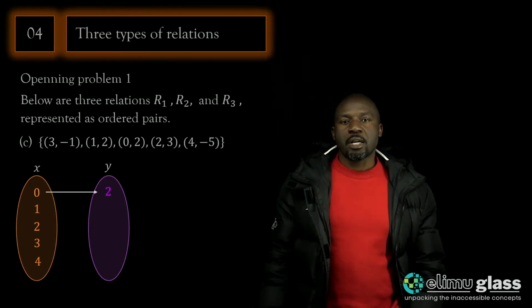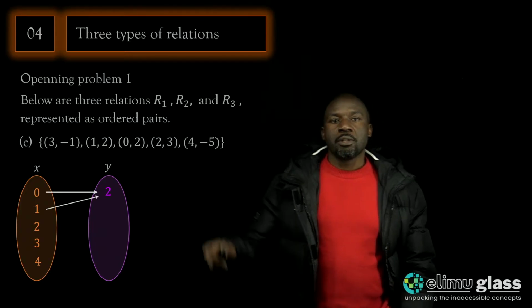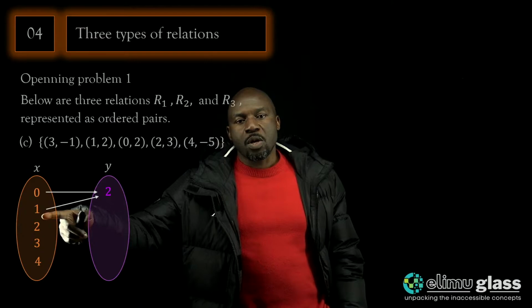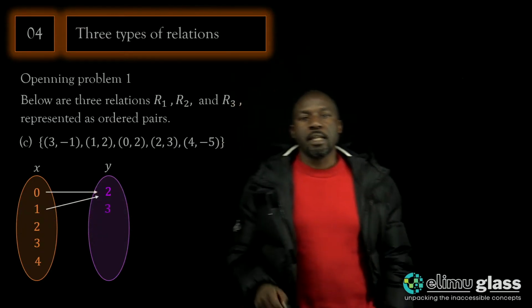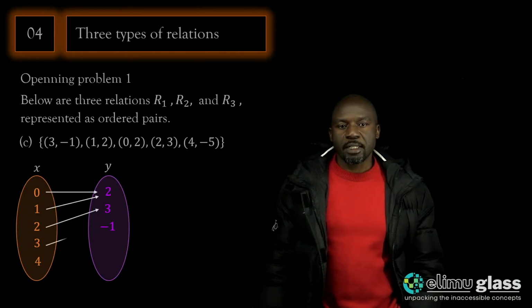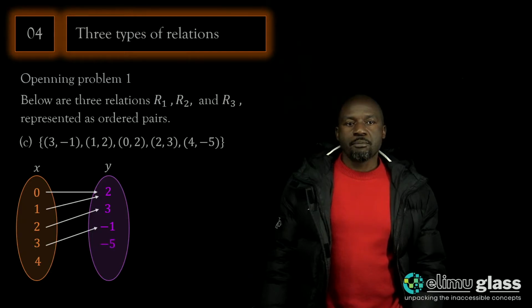And then we have a 1 mapping onto 2. So 0 is mapping onto 2, but so is 1 mapping onto 2, okay? 2 maps onto 3, 3 maps onto -1, and 4 maps onto -5, like that.